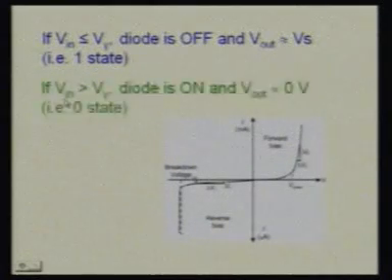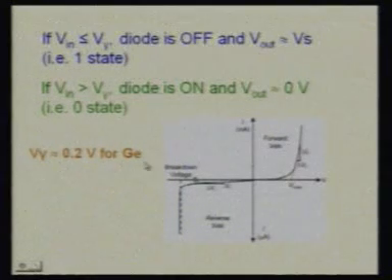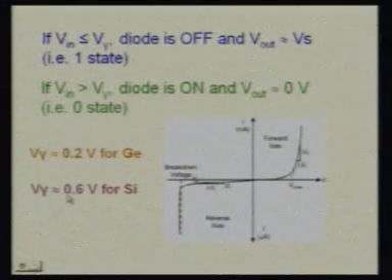Now if V in, the input voltage, is greater than V gamma, the knee voltage, then current is very high and it is in on condition. V knee for germanium crystal is 0.2 volt and V knee or V gamma for silicon is 0.6 volt.